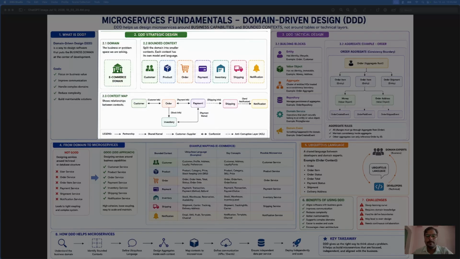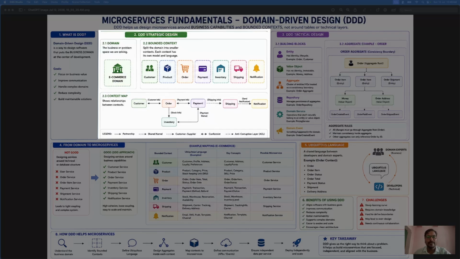What is a bounded context? A bounded context is a clear boundary where a particular business model and terminology are valid. For example, let's say customer context, product context, order context, payment context, inventory context, shipping context, notification context. Each context has its own rules, data, and terminology.